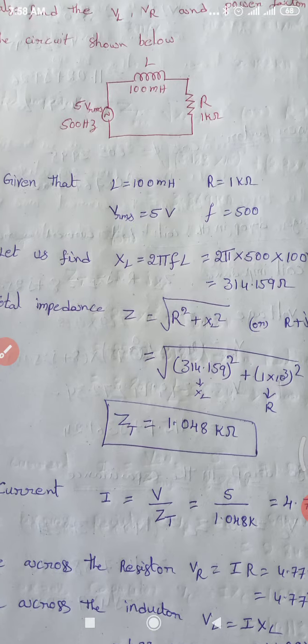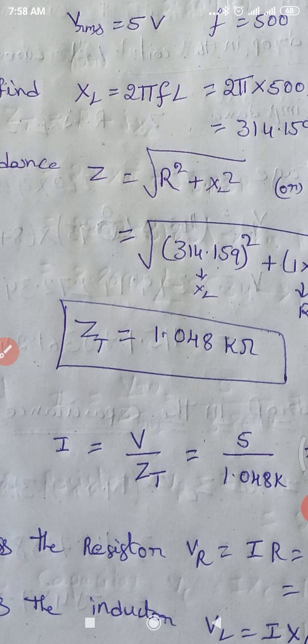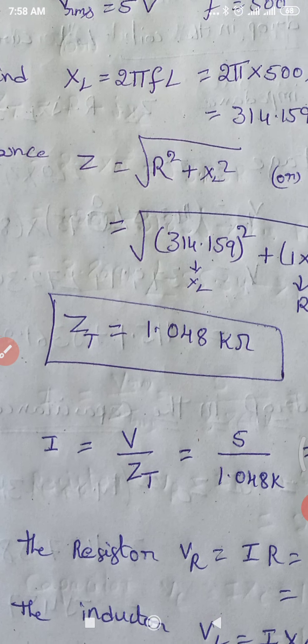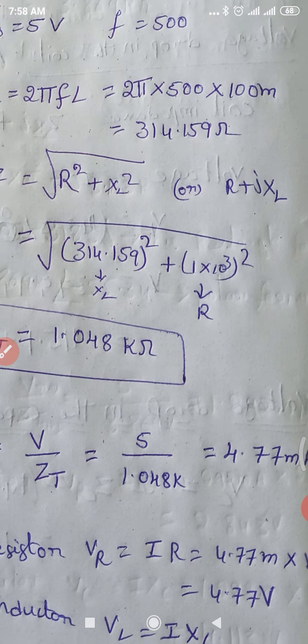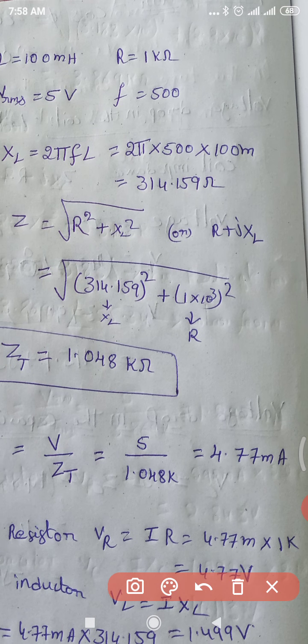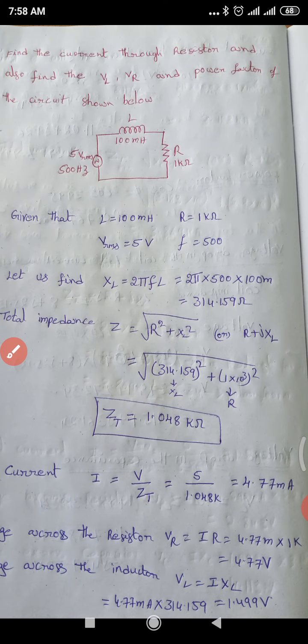Let us see how to calculate the current I. Current I is equal to V by ZT, where V is equal to 5 and ZT we calculated as 1.048 K. K means 10 to the power of 3. If we solve, we get the value 4.77 milliamperes.